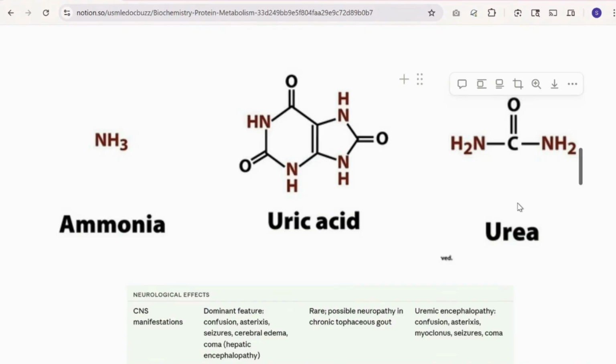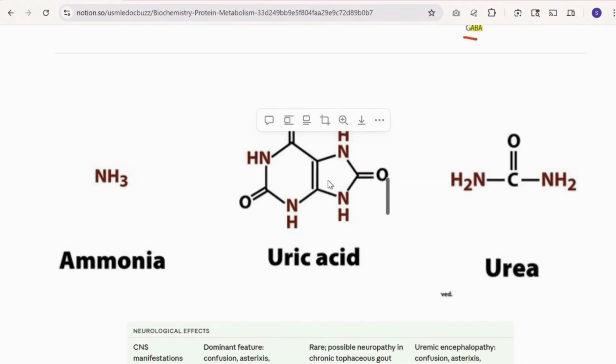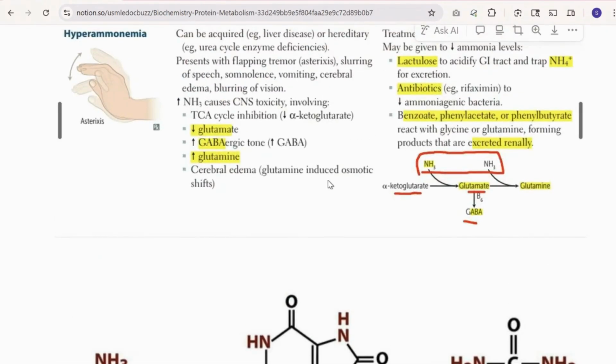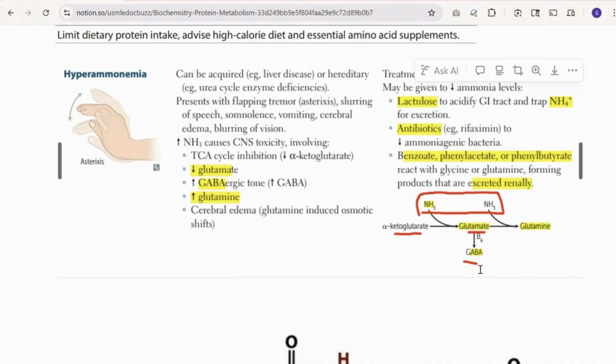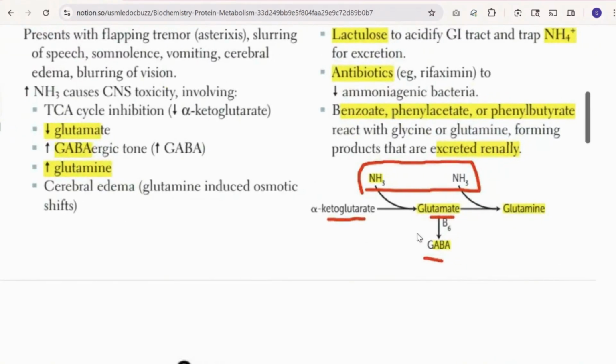Okay? These three conditions, students blunder them all the time, right? And you need to understand your way out of this. You should be able to, right? Now, this is the section in First Aid, right? And you can go over this. Main thing I want you to focus on is this part of the diagram right here.